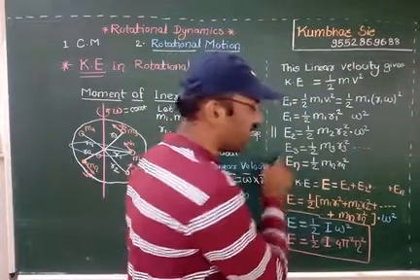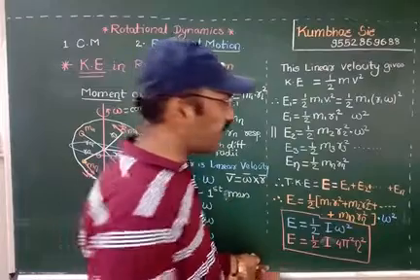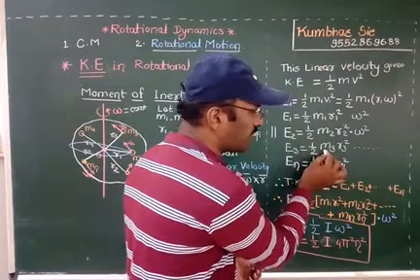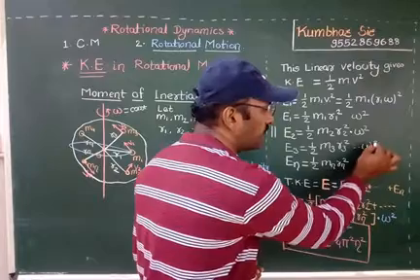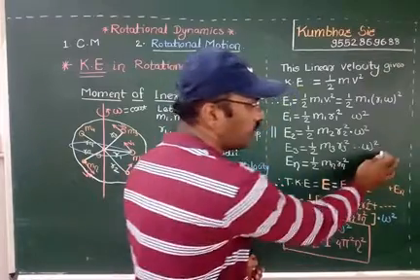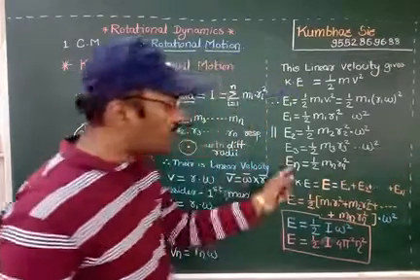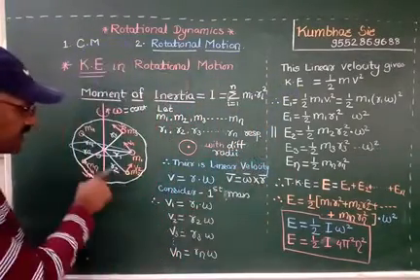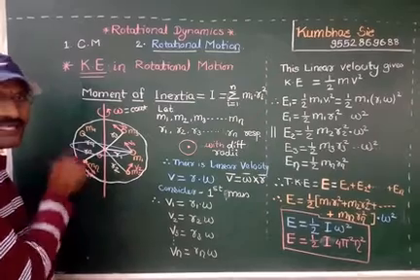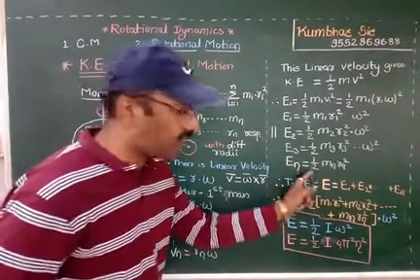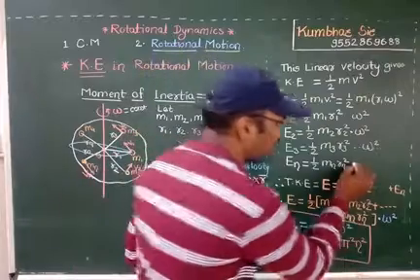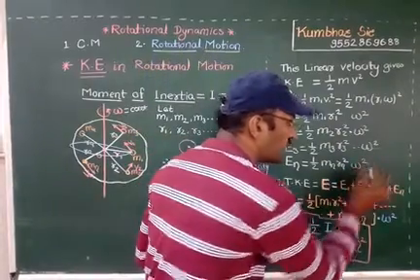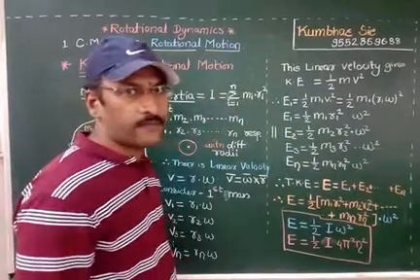Now E3, the kinetic energy of the third particle, equals 1/2 m3 into r3 square into omega square. Kinetic energy of the nth particle equals 1/2 mn into rn square into constant angular velocity omega square.